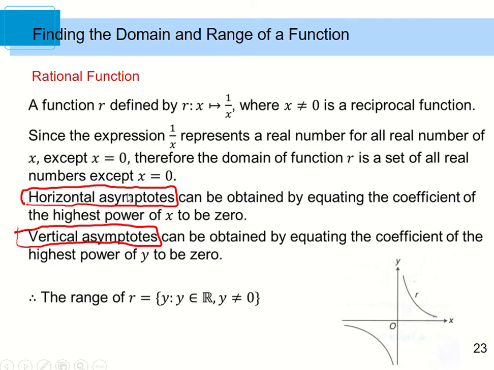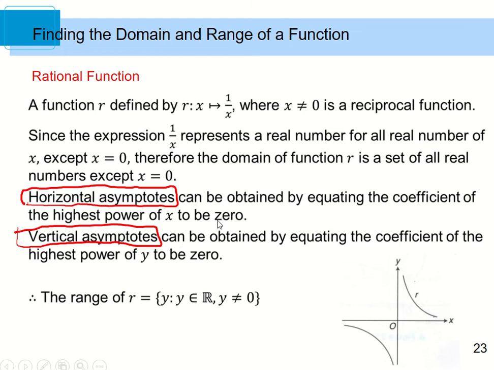To find the horizontal asymptote, we can take the highest power of x, and let the coefficient be 0. We are going to discuss the detail later.